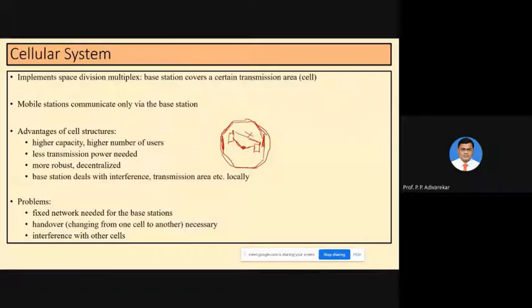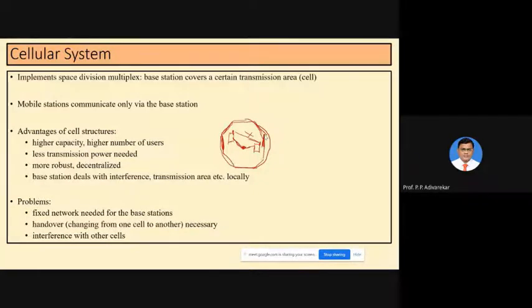So higher capacity can be achieved with the hexagonal shape compared to the triangular or rectangular and any other pattern.